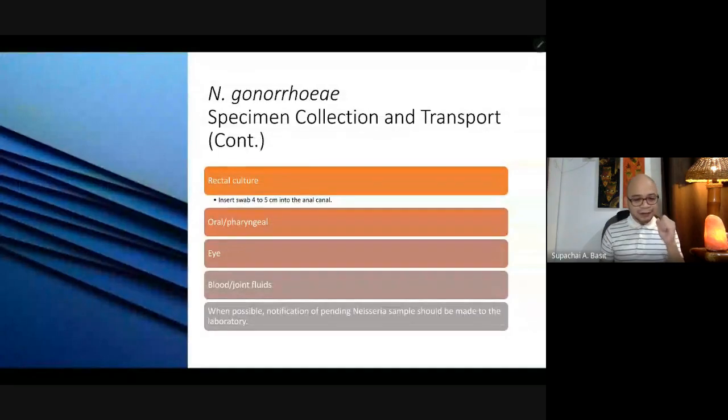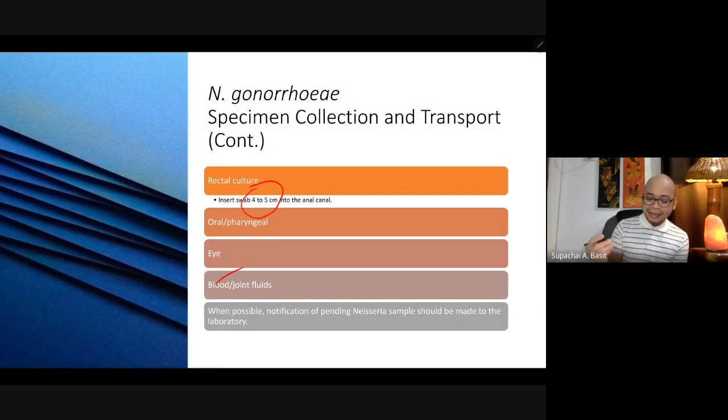Aside from that, for rectal culture, you insert the swab 4 to 5 centimeters into the anal canal. So that's very deep. And then oropharyngeal, the eye, blood or joint fluids.